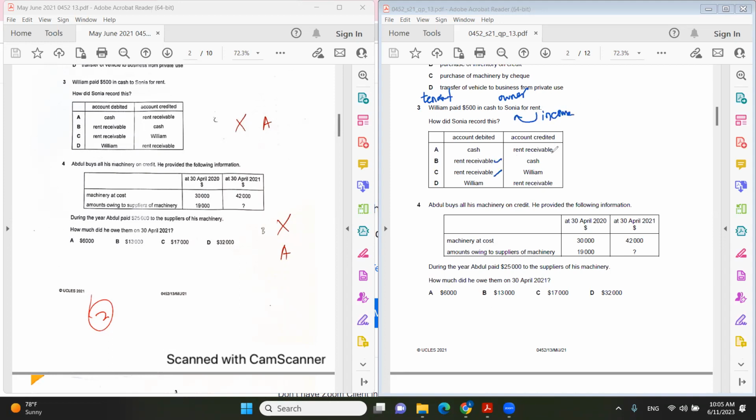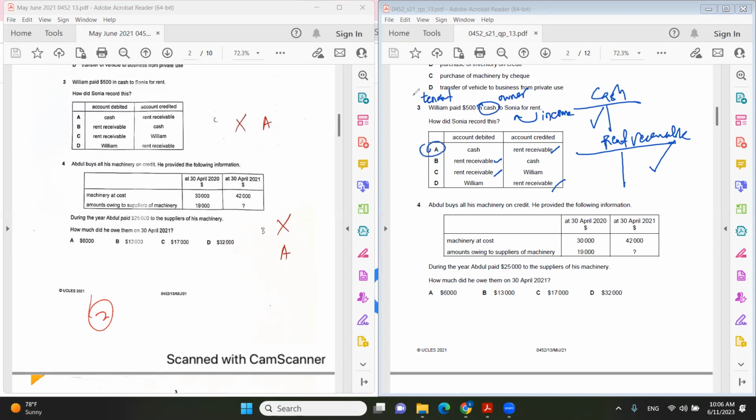Sonia received cash, so the cash account must be debit, whereas rent receivable is an income account, so since cash is received, here must be credit. So debit cash, credit rent receivable.